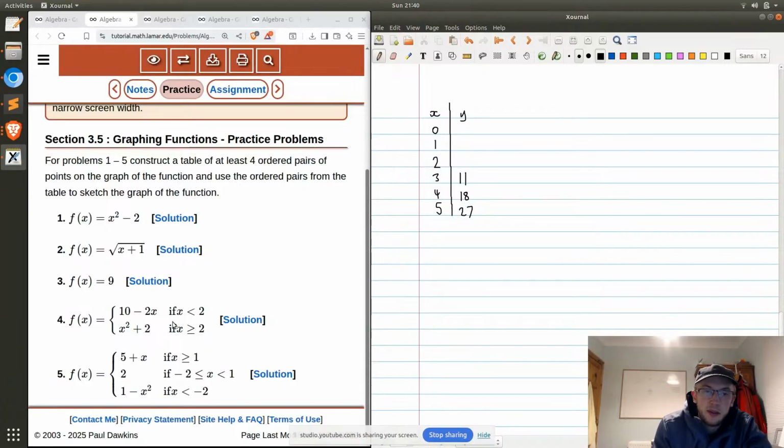Okay, 2 itself is included, of course. So square 2 and add 2. All right, so I get 6. But here, for 1, because that's strictly less, 10 minus 2 times 1, well, that would be 8. And 10 minus 2 times 0, well, that would be 10. So these are for the first piece of the function, and these are for the second piece of the function.